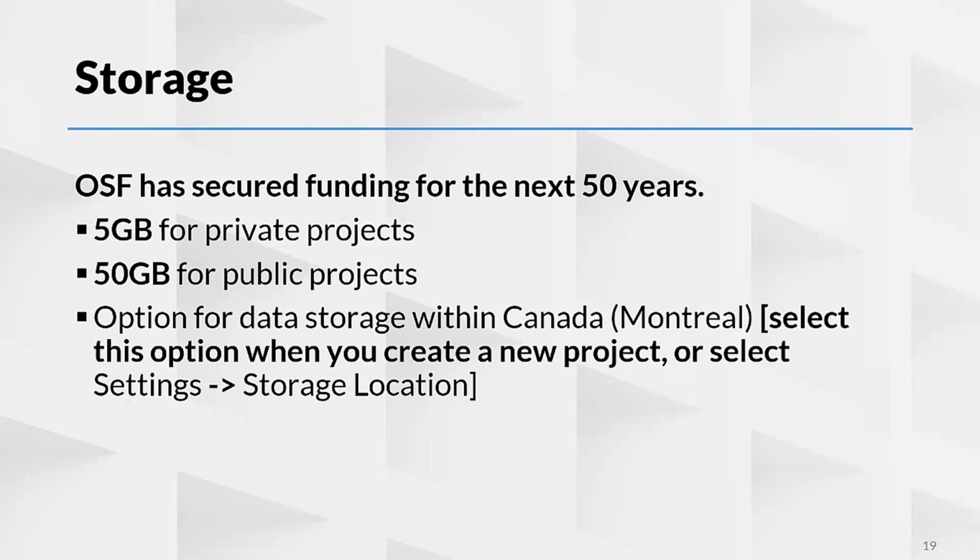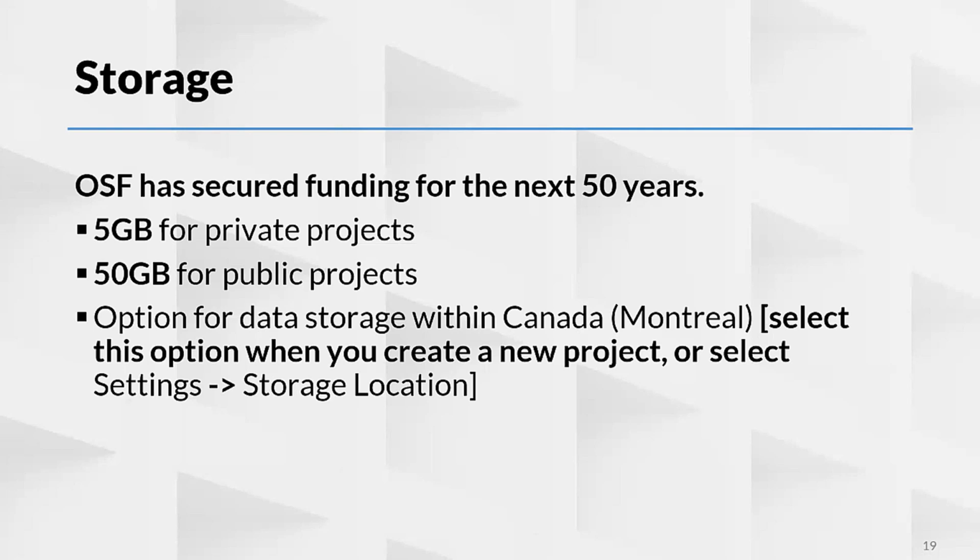And if you make your project public, they'll give you 50 GB for free for each project. Or in total, I think. Actually, I don't know how it's divided up. I think whoever the creator of the project is, that's who uses up that data. So either 5 GB for private ones or 50 GB. I believe this is in total, but it could be per project as well.